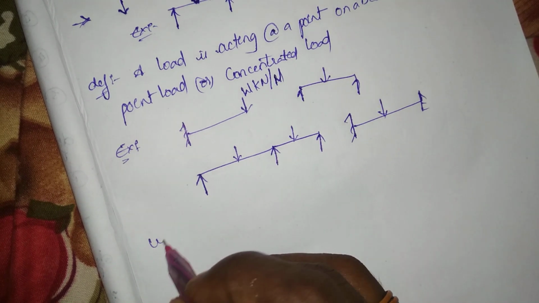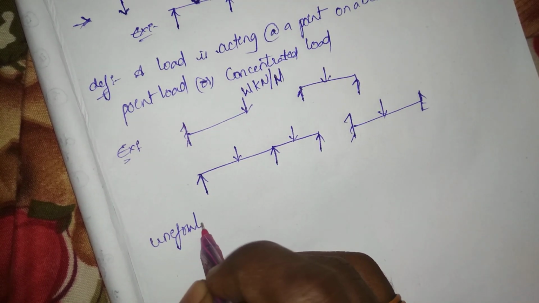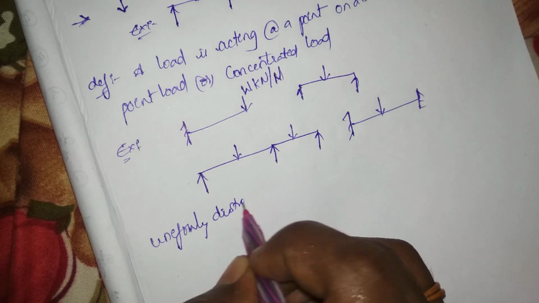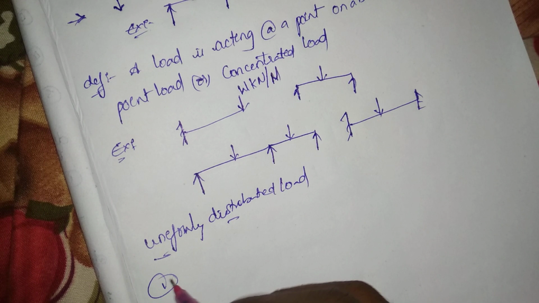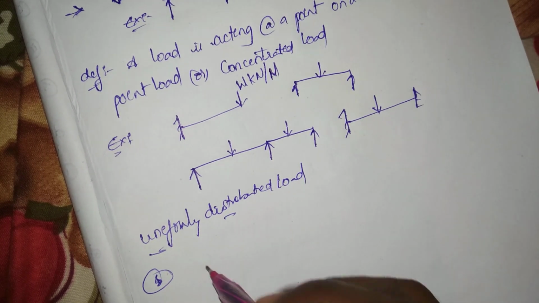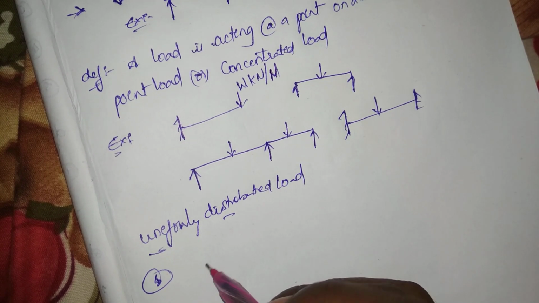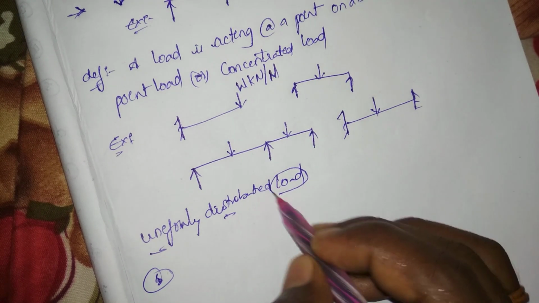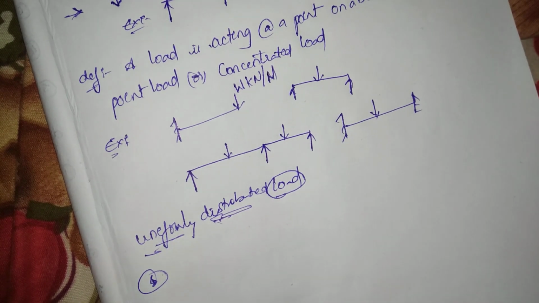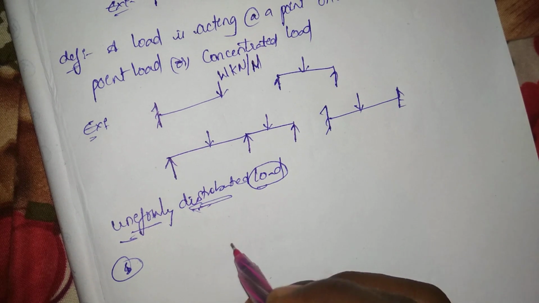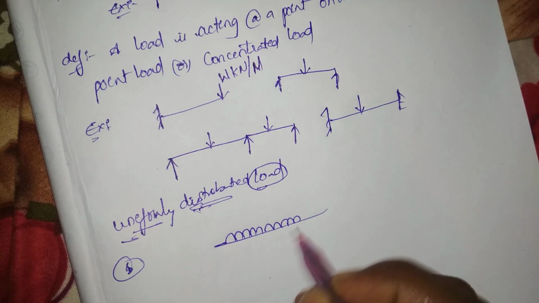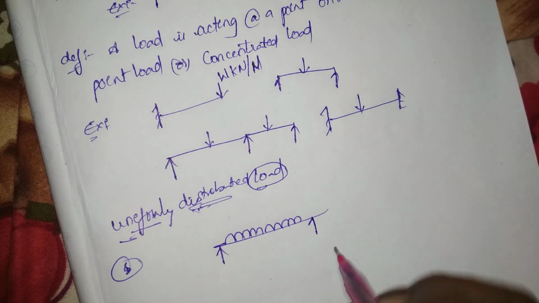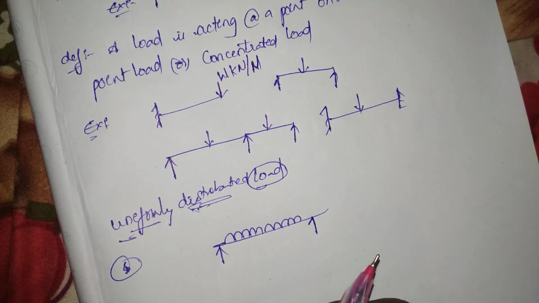Next, uniformly distributed load. Number one, uniformly distributed load. What is a uniformly distributed load? The load is distributed in a uniform manner, does not vary. This is distributed throughout the beam, or for a certain length of the span.